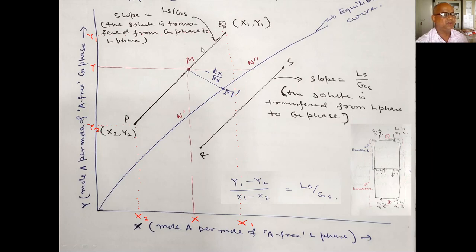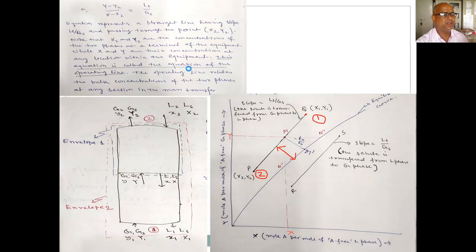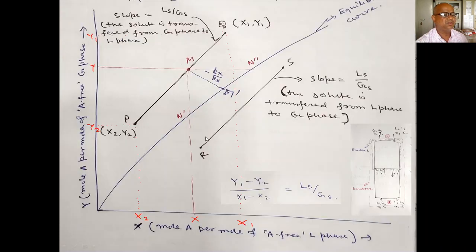So any point between them, this is your xy point. From this point, if you take the slope of minus kx by ky, then it will reach the M dash point, and this will be your interfacial concentration, xi and yi.